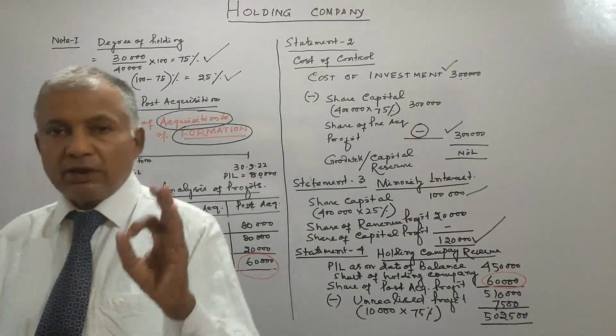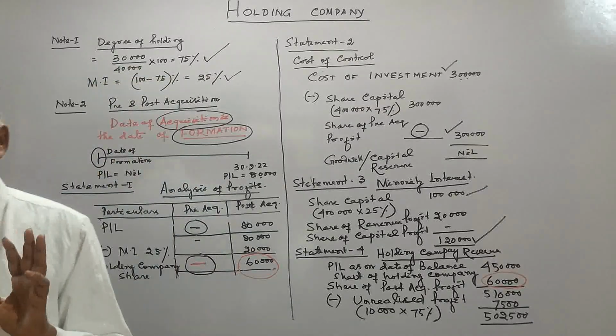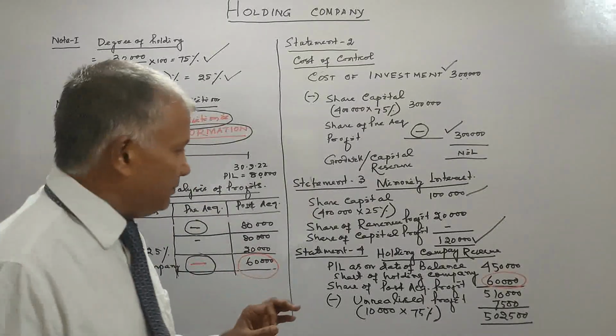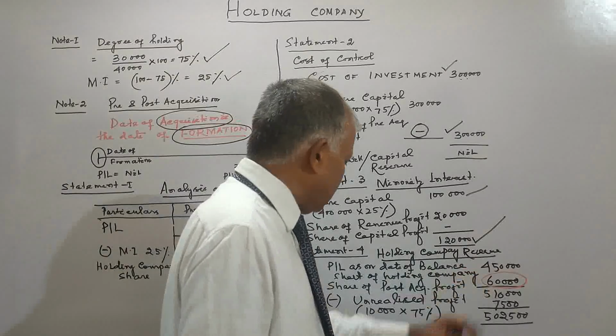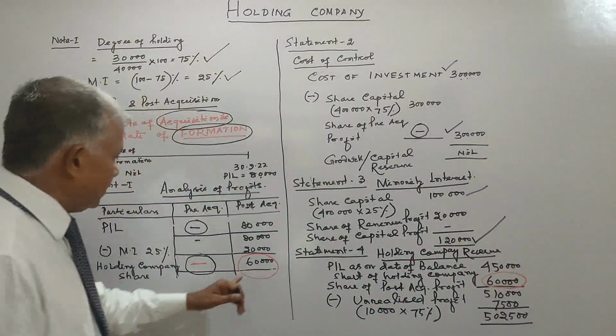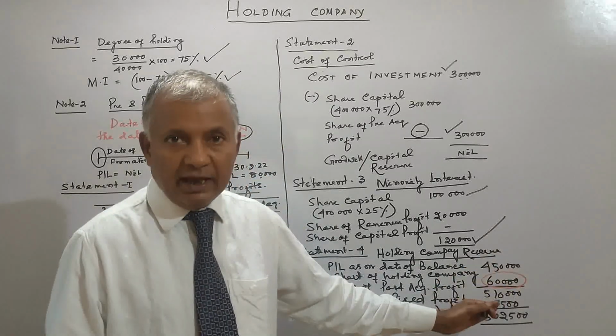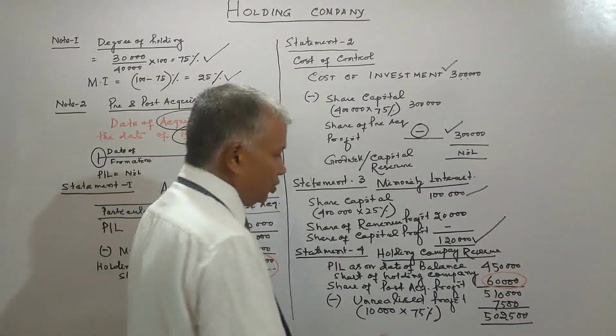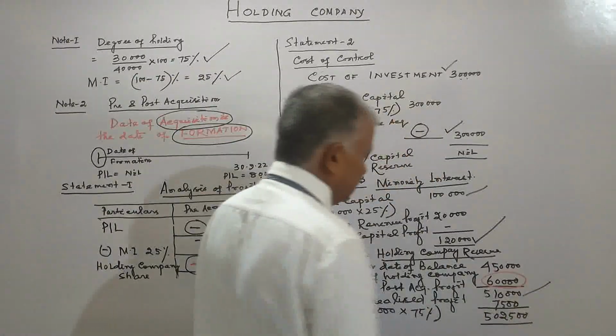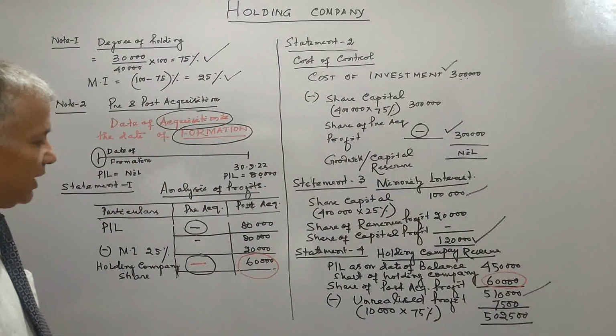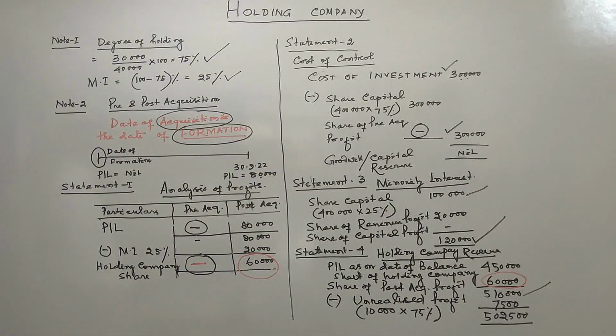If you go through the balance sheet of A Limited, you will see the PL is 4,50,000, and the post acquisition profit, the revenue profit, will be added over here. So the total comes to 5,10,000. From 5,10,000 the unrealized profit has to be deducted.